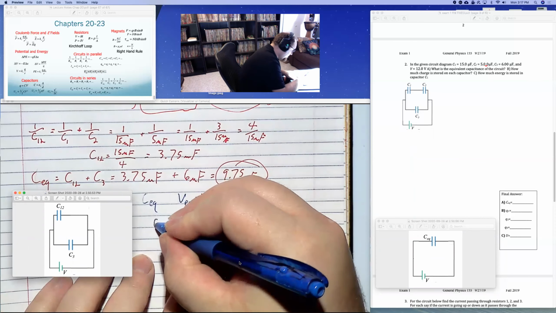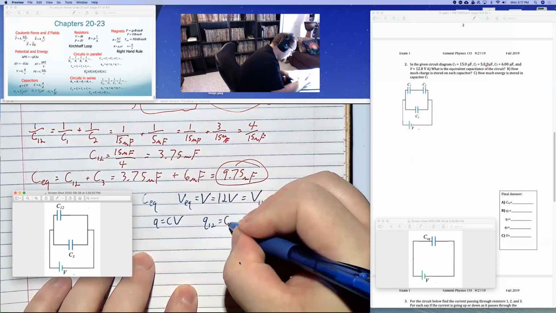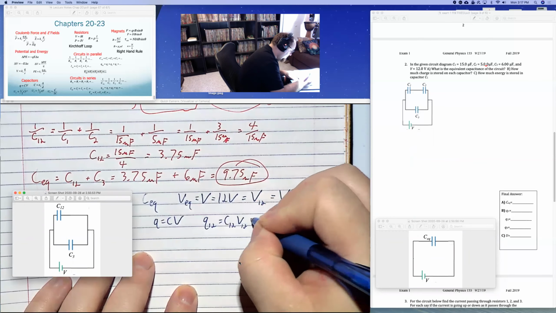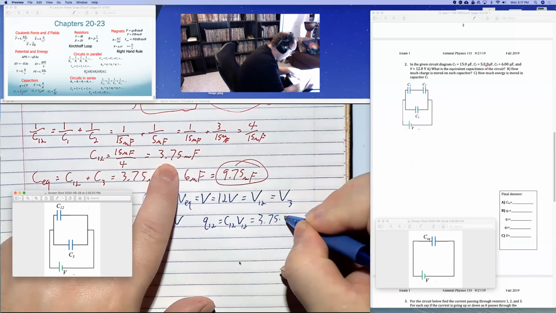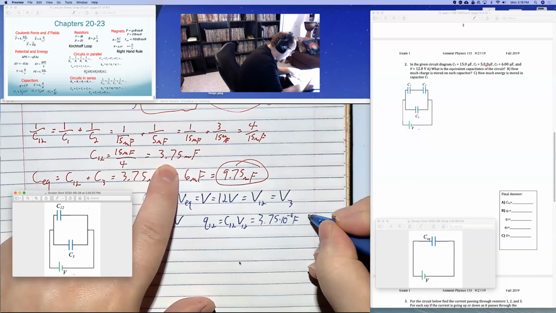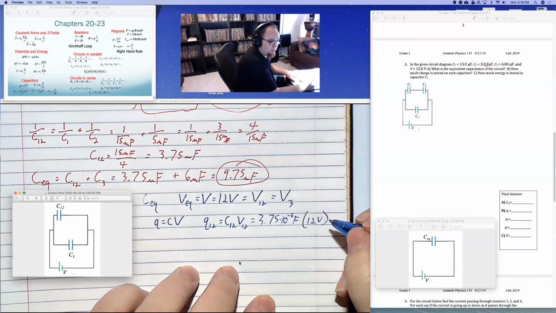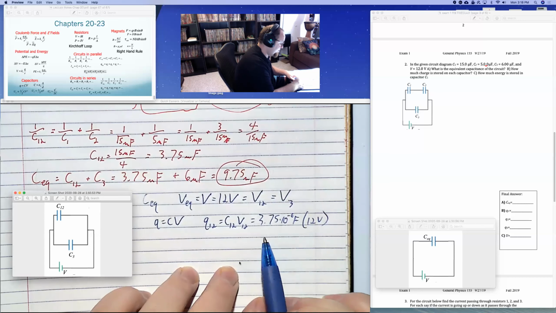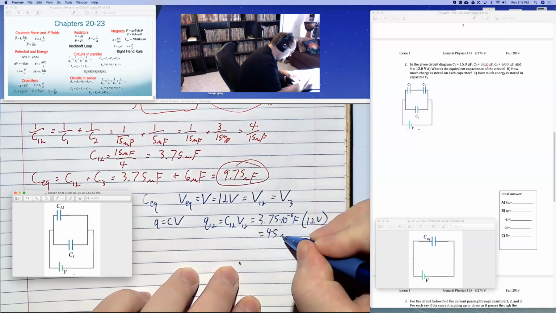But for a capacitor, Q equals CV. So Q12 equals C12 V12, or C12, 3.75 times 10 to the negative 6 farads, times V12, 12 volts. Which is, you know what, I didn't even turn in the 10 to the negative 6. I just put it as 3.75 microfarads and just said it was 45 microcoulombs.